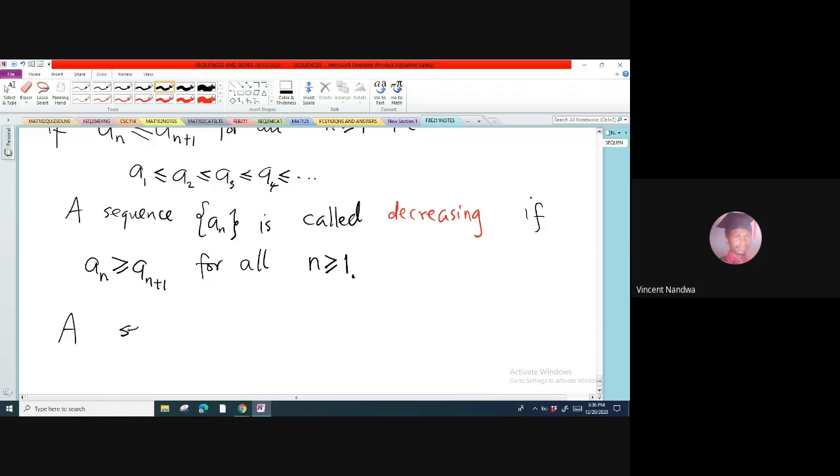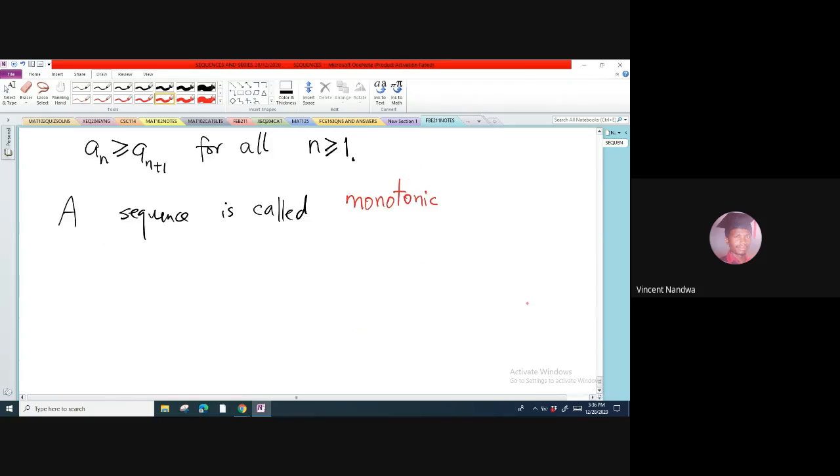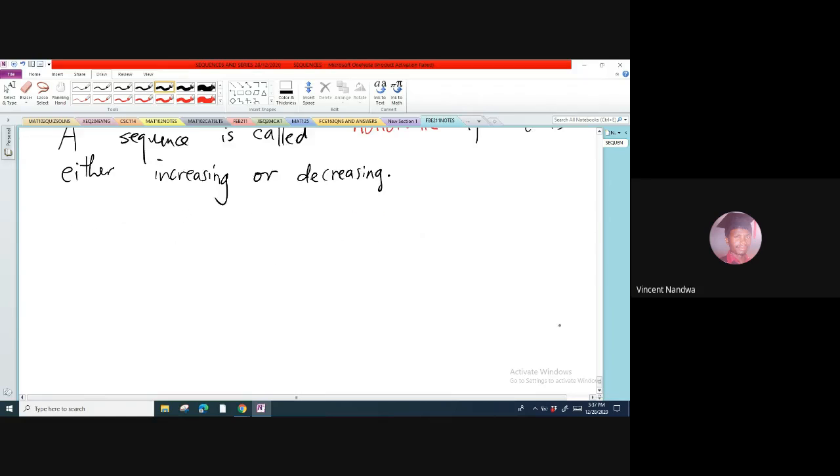And then you say a sequence is called monotonic if it is either increasing or decreasing. So we'll list a few examples now to illustrate this.